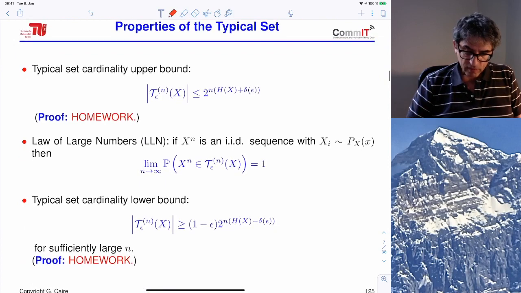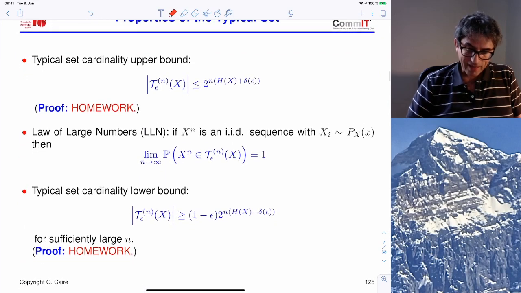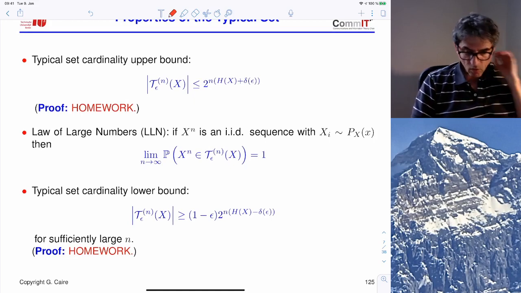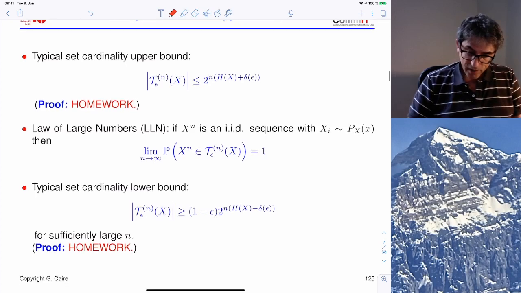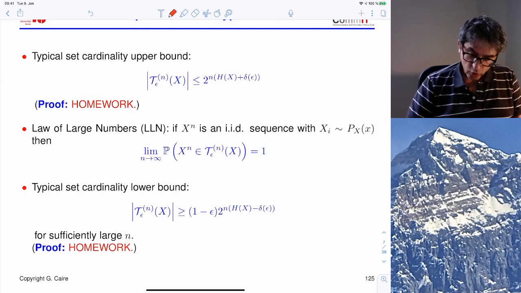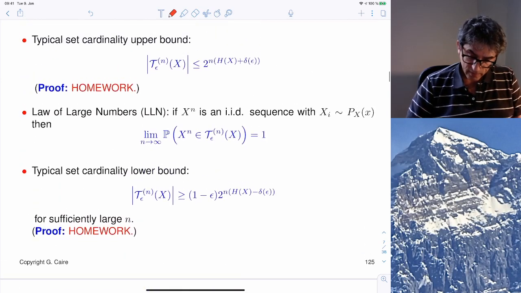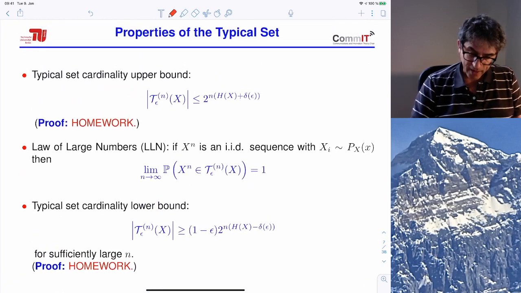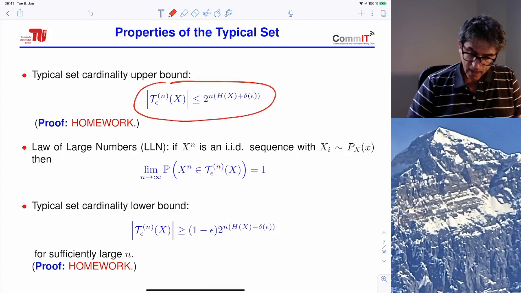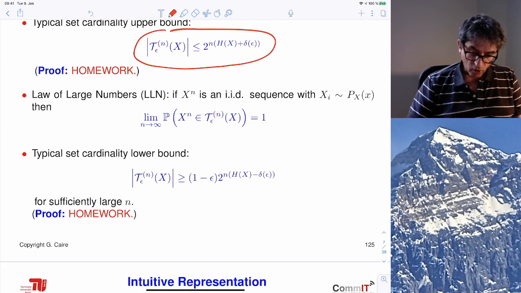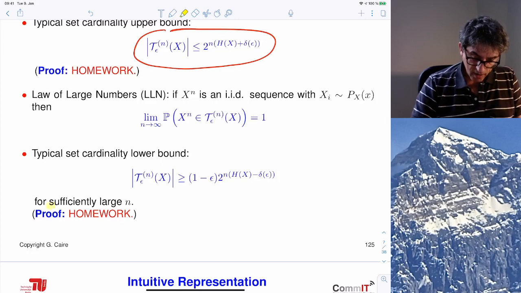Then we can prove results on the cardinality of the typical set. How large is the typical set? Well, it turns out that the typical set is essentially as large as 2 to the n times the entropy, because we can prove that for every n and every epsilon, we have this upper bound, and for every epsilon and sufficiently large n, we also have this lower bound.